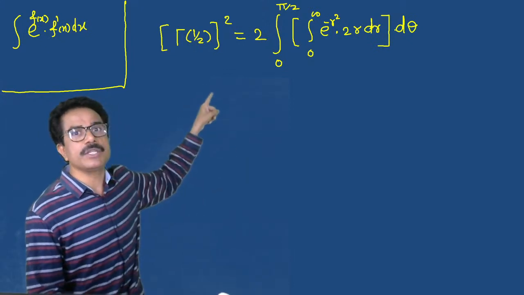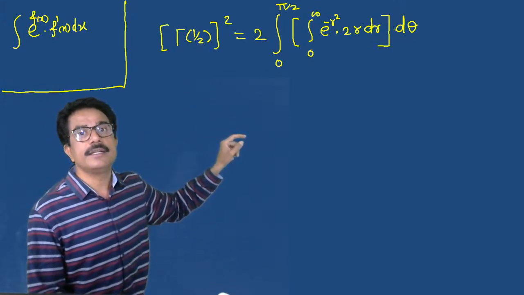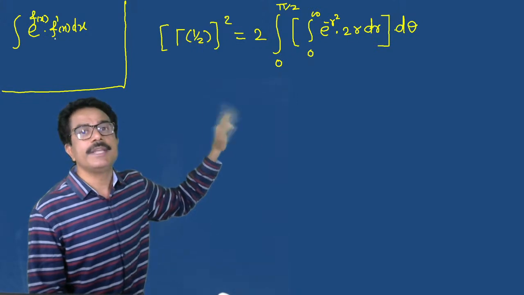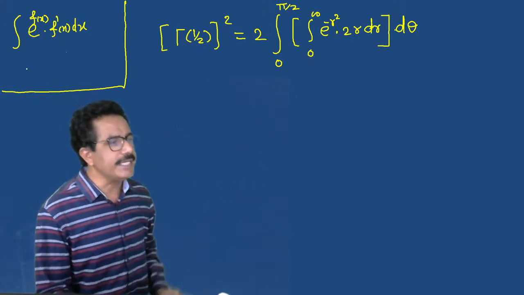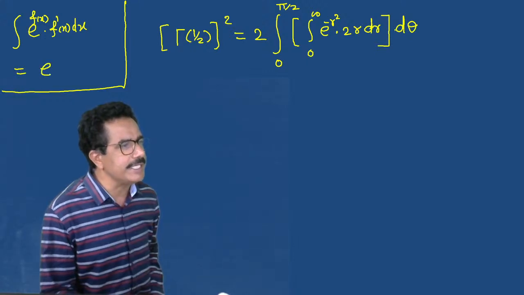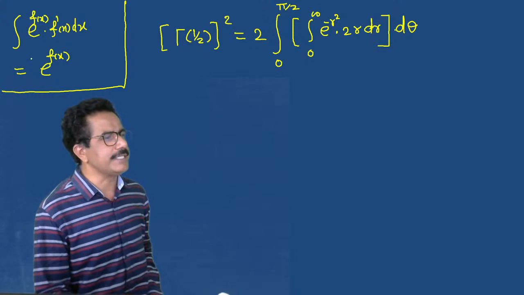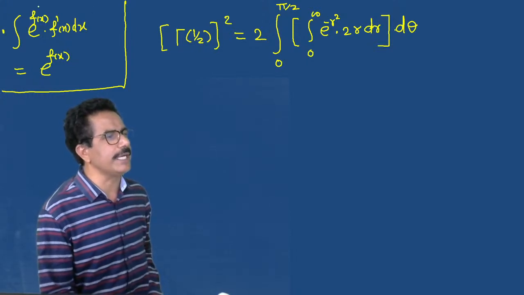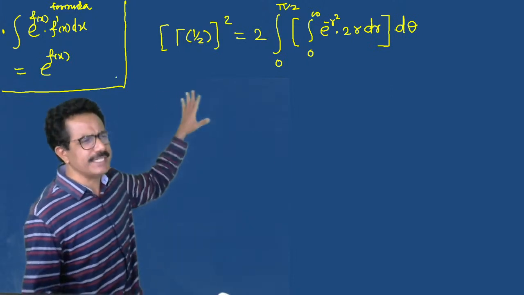If we put t equals f of x, then dt equals f dash of x dx, there will be e raised to t dt, then its integral we can write e raised to f of x. This is the value of the integral. This is the method.